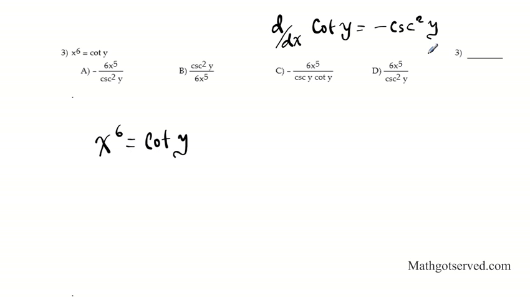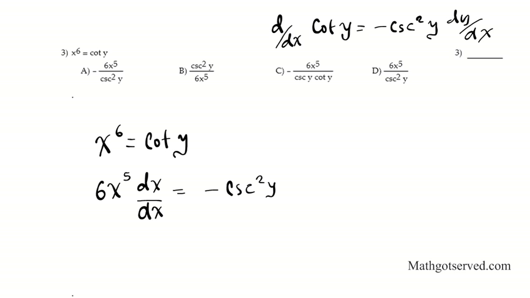If I differentiate this side using the power rule, I'll have 6x to the 5th power, d/dx because we're differentiating with respect to x, equals, now the derivative of cotangent will be negative cosecant squared y dy/dx.